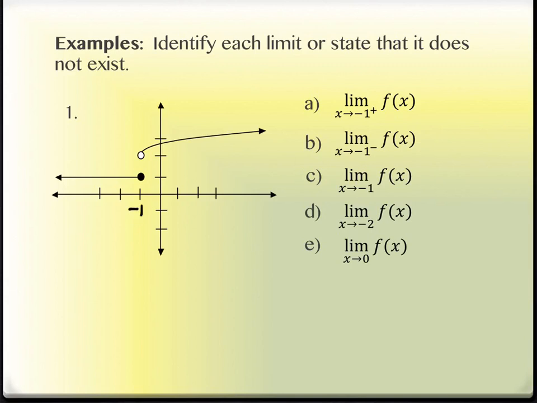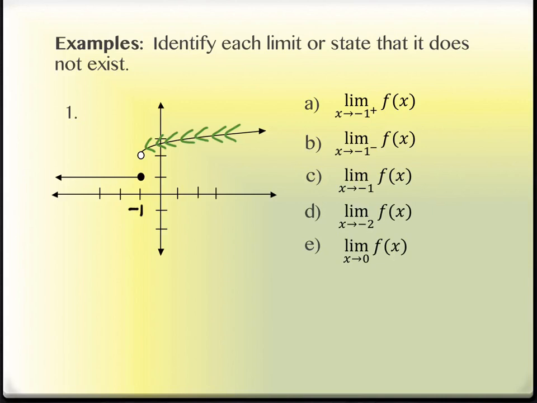What does plus mean? From the right. So we're starting on the right-hand side and we're getting closer, yeah? So we're over here, moving toward what shape specifically? What are we getting close to? An open circle, right?